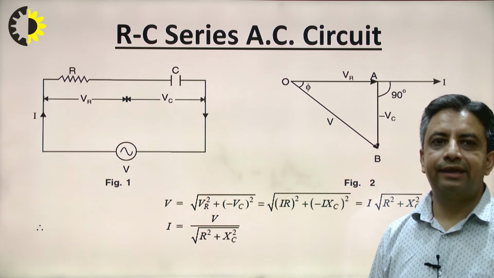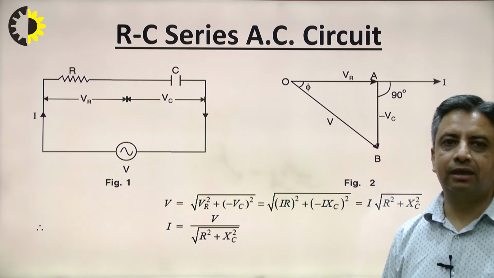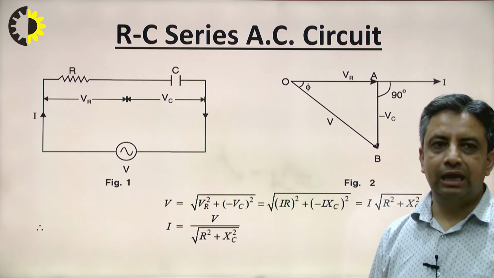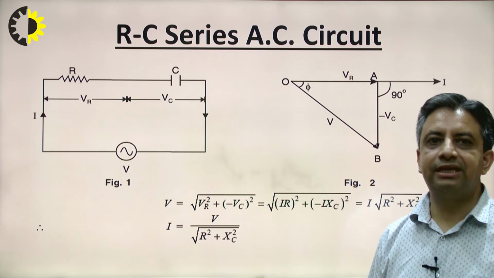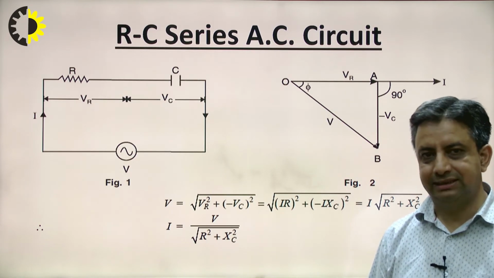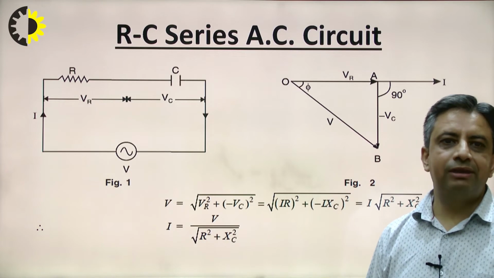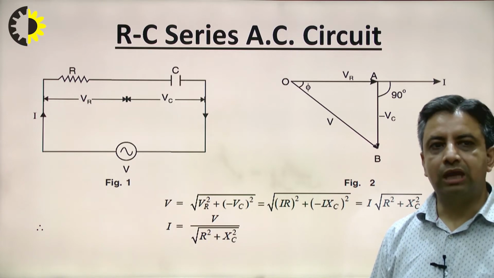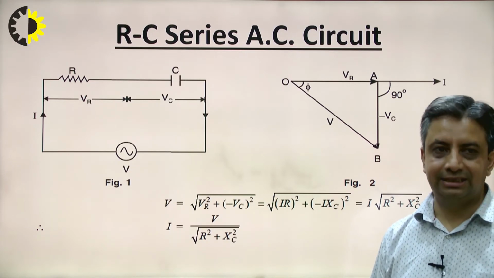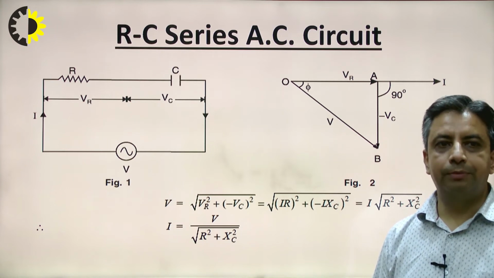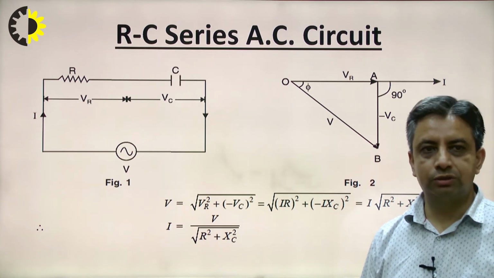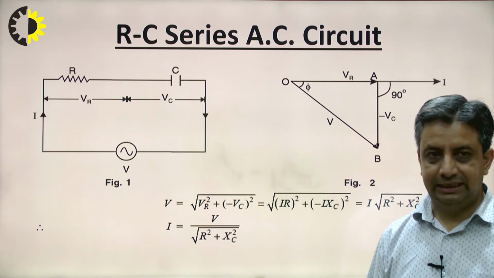Again, if we square this minus sign, it will become positive. So ultimately the expression is I under root R square plus XC square. So I will be equal to V by under root R square plus XC square. Again this denominator denotes the impedance of this AC circuit.